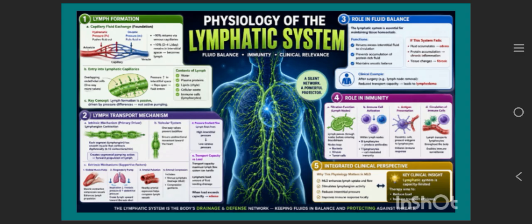These are the Starling forces, hydrostatic pressure and oncotic pressure. Hydrostatic pressure pushes fluid out of capillaries into interstitial space, and oncotic pressure always pulls fluid back into the capillaries due to plasma proteins.